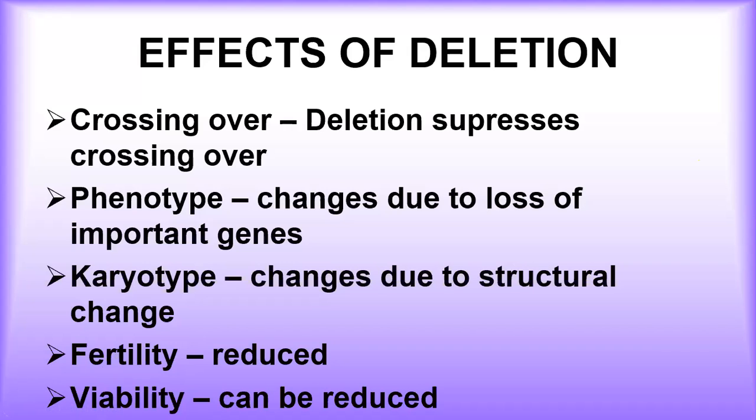Gametes are produced due to meiosis. Due to deletion, the meiosis can be affected, and hence the gametes may not be produced properly. This reduces the fertility of an individual, plant or animal.